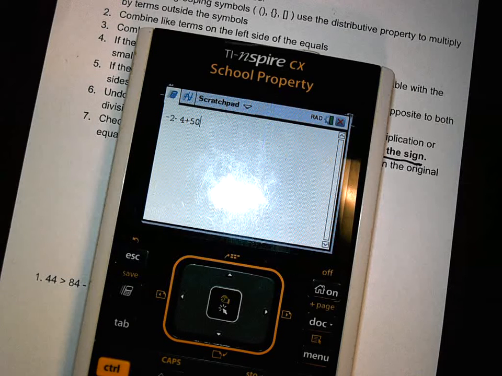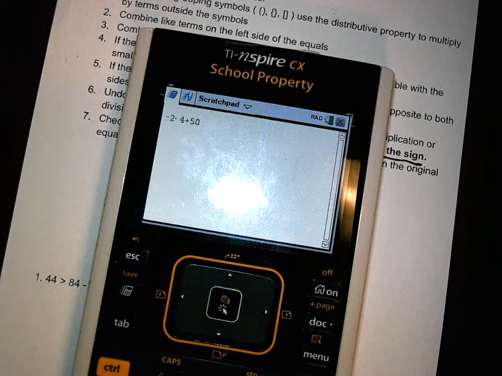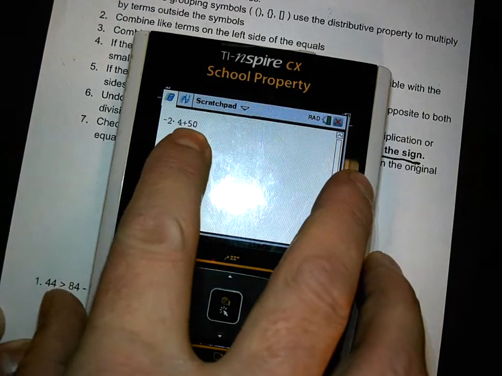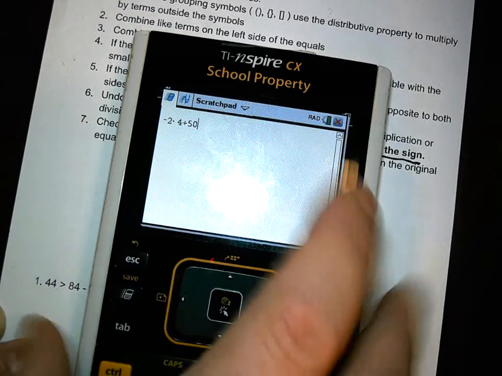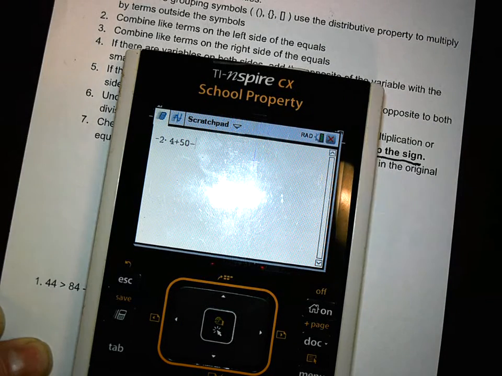So instead of doing the multiplication sign, can you just put a parenthesis? Yeah. The calculator recognizes anything stuck in parentheses next to a number as a multiplication. Okay, so negative 2 times 4, because we said D was 4, plus 50, minus 3 times D, which is 4, right?